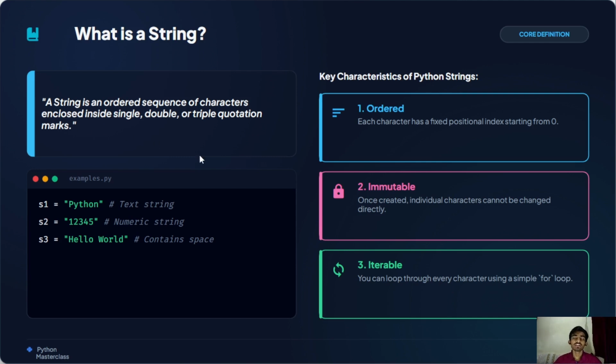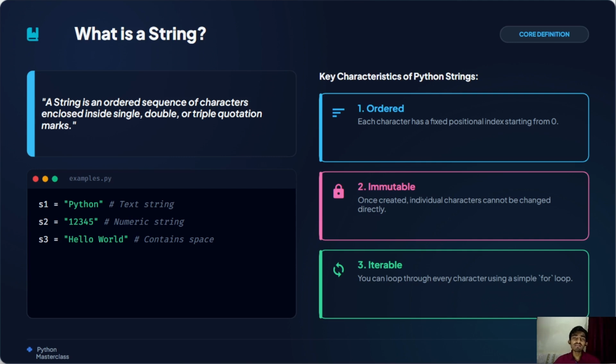First, sequence of characters. Characters include letters, numbers, spaces, or even special symbols. For example, it can contain the word Python, numbers like 1, 2, 3, 4, and it can also contain quotation marks inside. Python treats all of them as text.